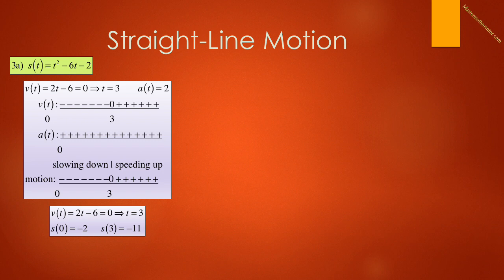Something happens at t equals 3, the particle is stopped. t equals 0 is always considered to be a critical time. So we need to figure out where the particle is at t equals 0 and t equals 3. So plugging 0 into the s formula, we get negative 2, and plugging 3 into the s formula, we get negative 11.